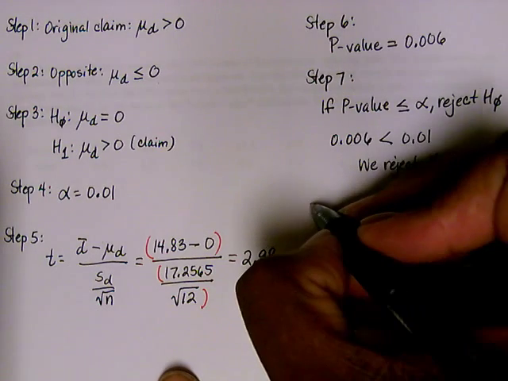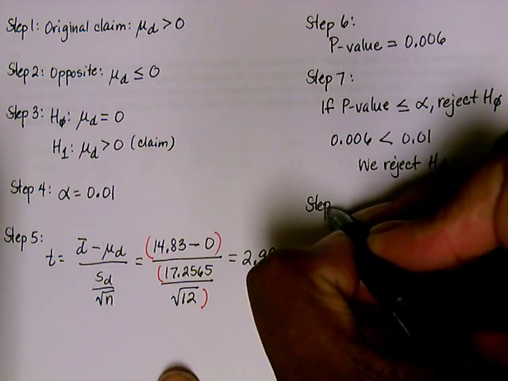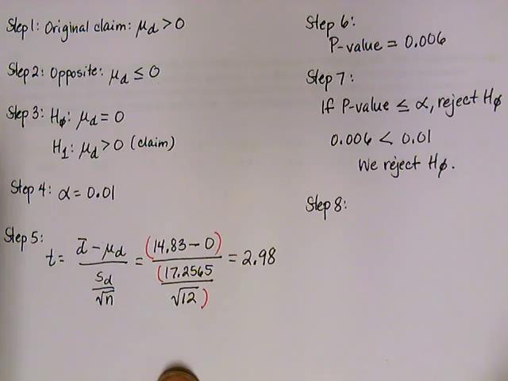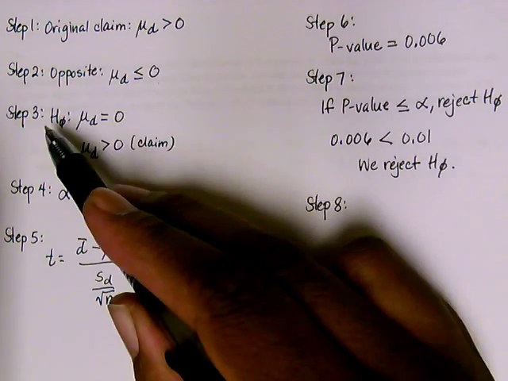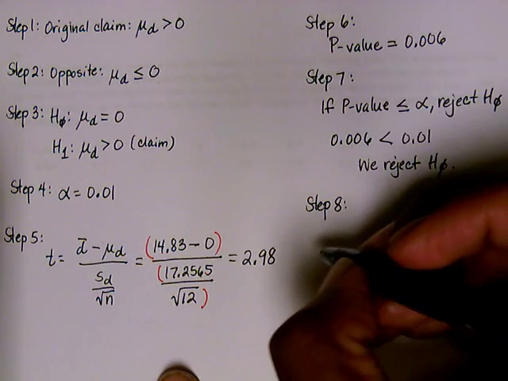And then finally, step number 8 is the conclusion. The claim was the alternative hypothesis. We rejected the null, so we're supporting the claim.